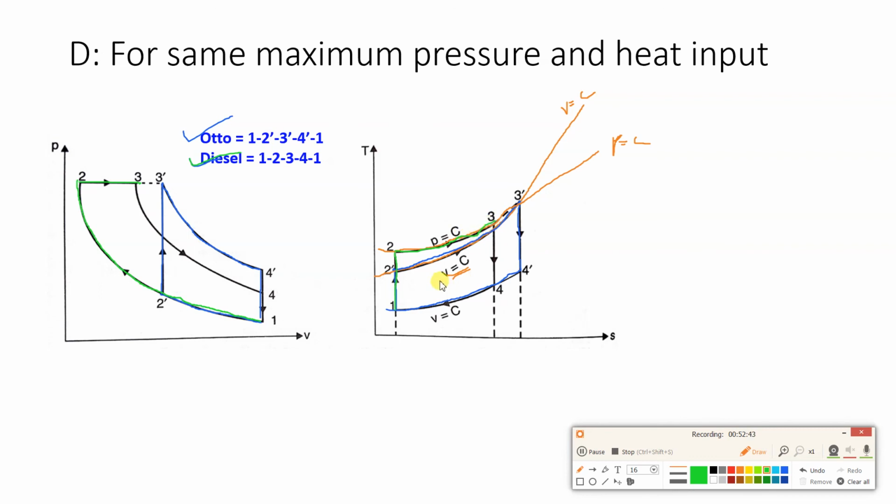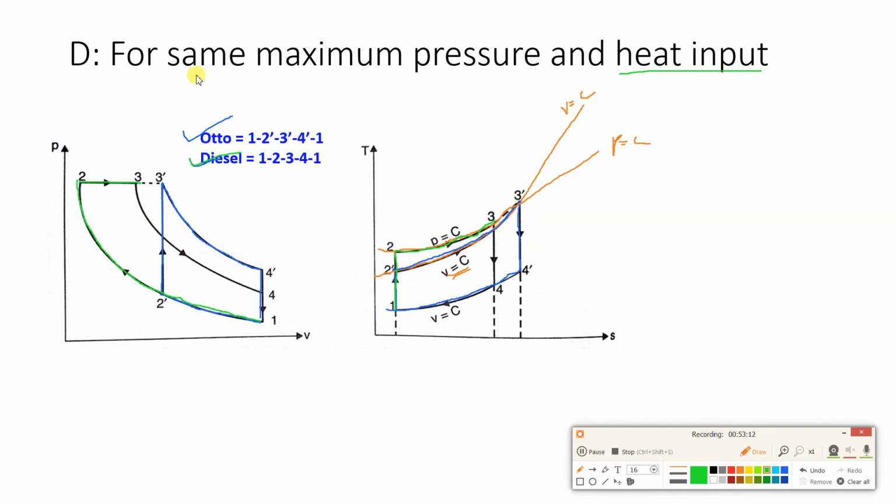Okay, now here you can see that constant pressure curve, if you consider area below curve 2 to 3, this is greater as compared to area under 2 dash to 3 dash. Now 2 dash to 3 dash, this is heat input in case of Otto cycle, and 2 to 3 is heat input in case of diesel cycle, and it is given in the question that heat inputs should be same.